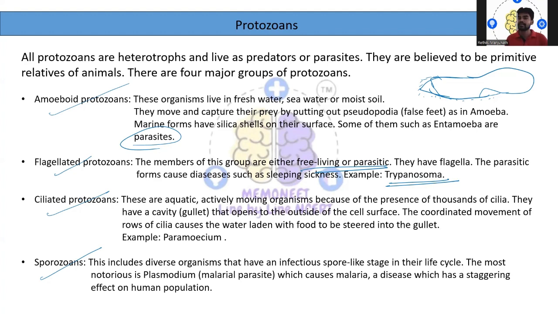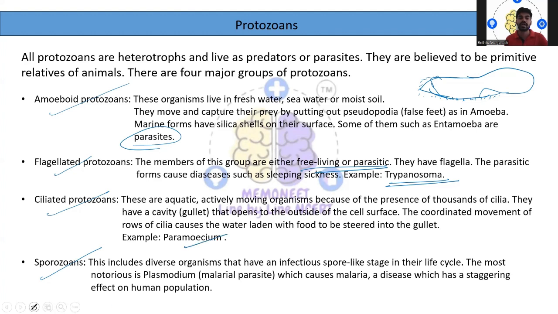Then there is a coordinated movement of the rows of cilia, so that the water laden with food is directed into the gut. Whatever food comes through the water gets into the gut through that opening, and once it is utilized it comes out again. So, example, Paramecium.